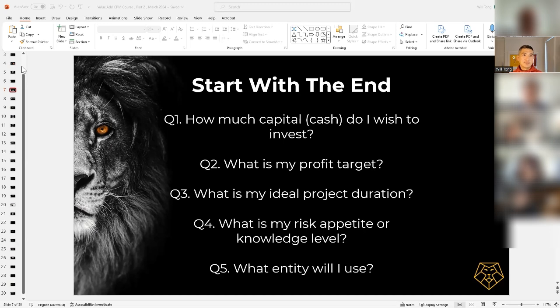And each location will be different. The cap rate in Sydney will be different to Melbourne, Brisbane and Canberra and all that type of stuff.